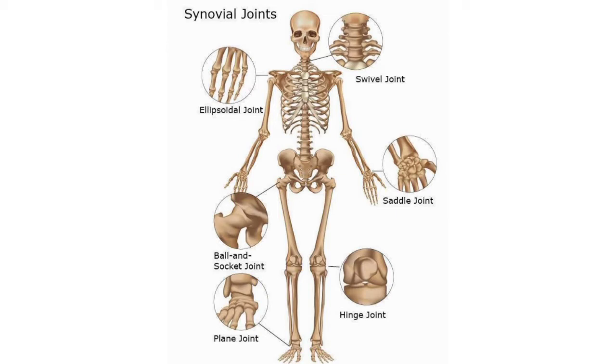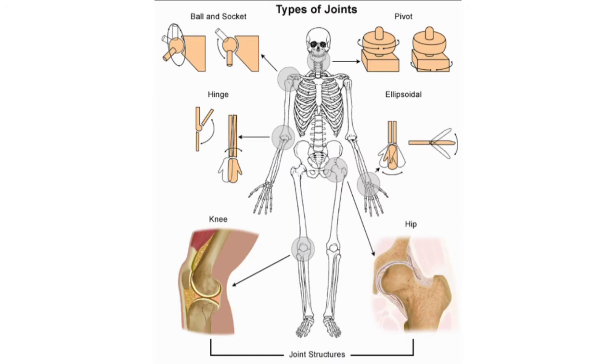They allow different kinds of movements. Now we can learn about different kinds of movable joints. They are ball and socket joint, gliding joint, hinge joint, pivot joint and saddle joint.